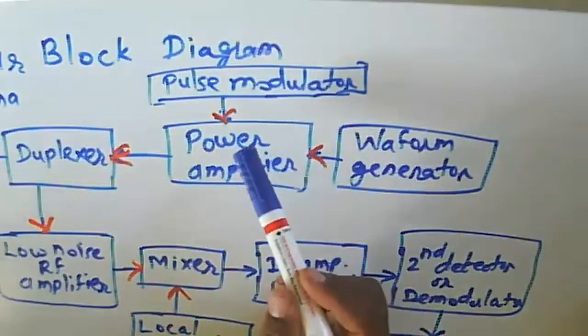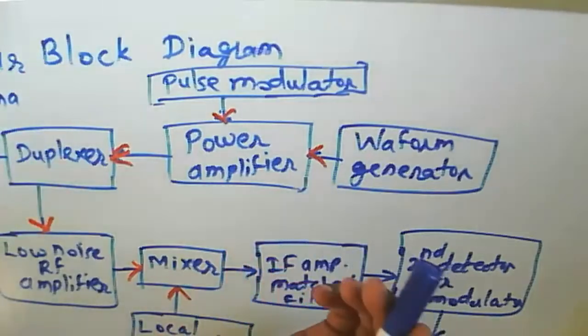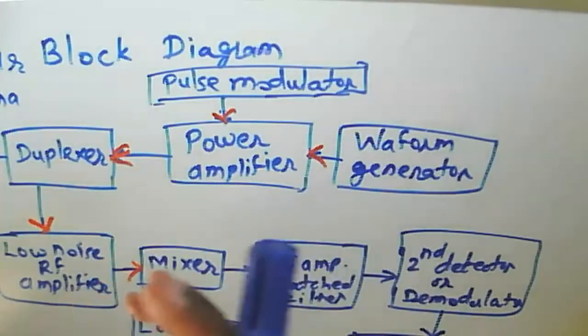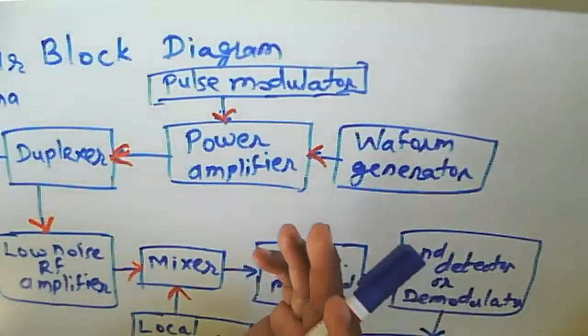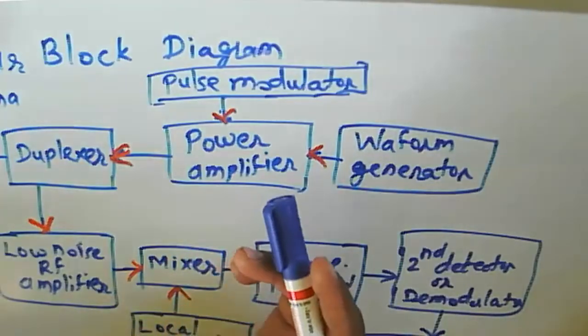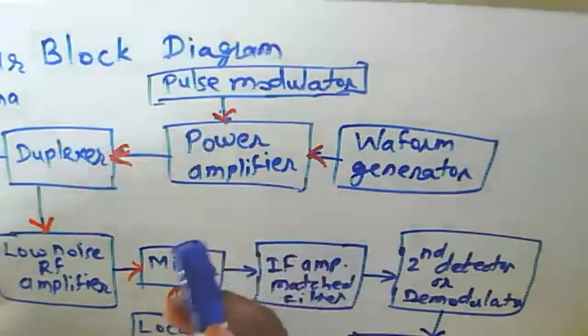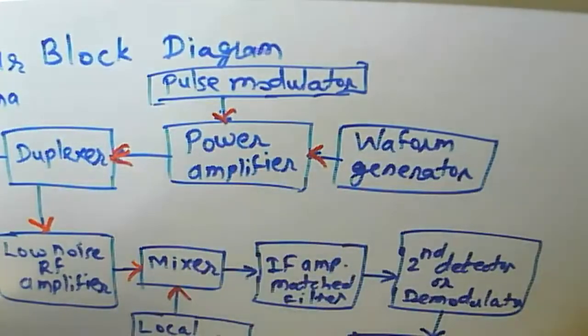As devices, we can use a traveling wave tube amplifier, a two-cavity Klystron amplifier, or solid state devices as the power amplifier.